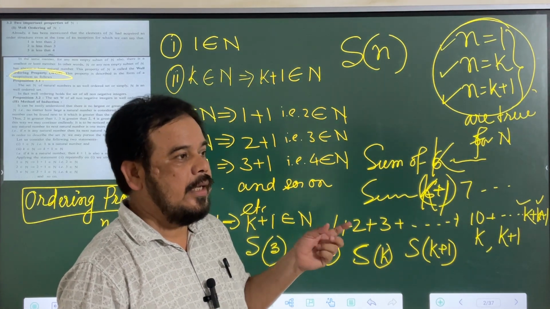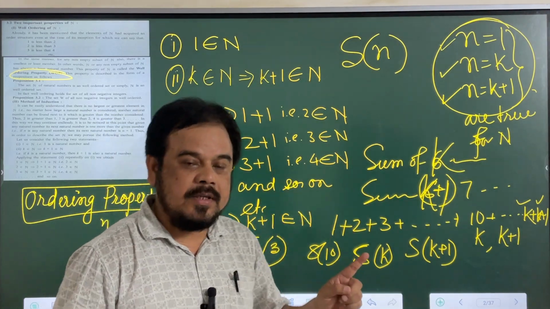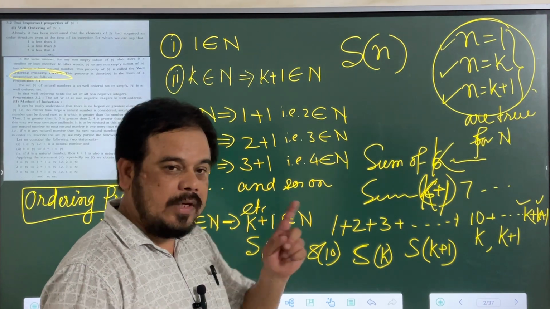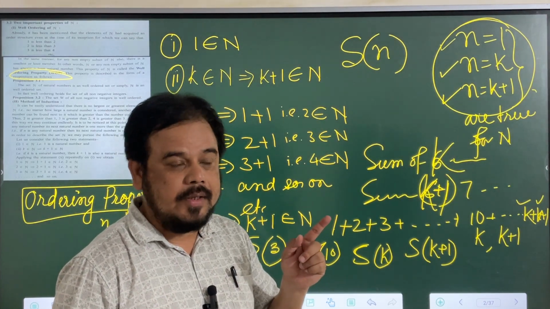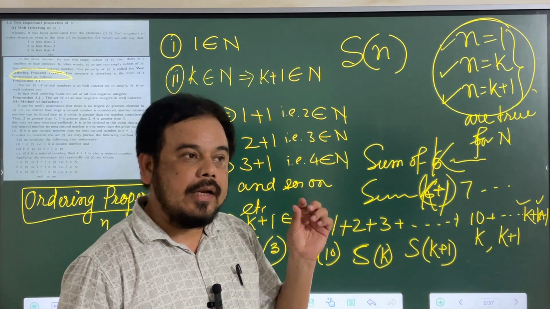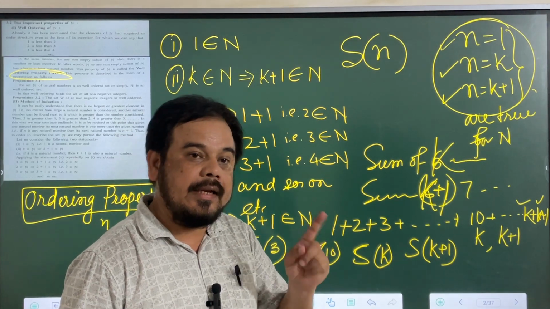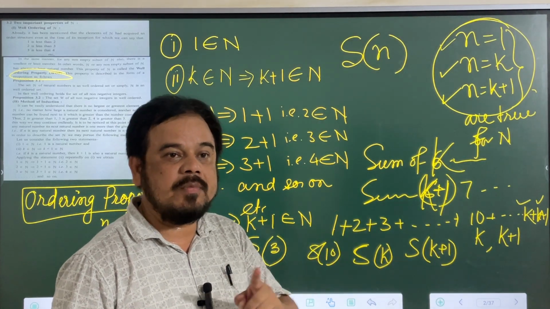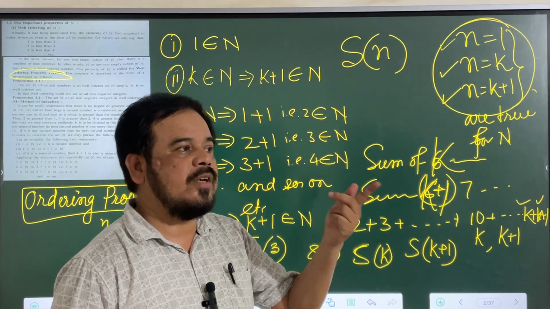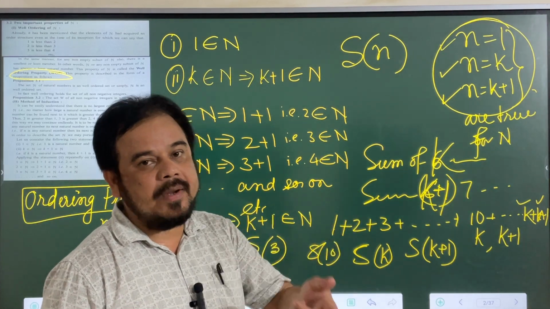I repeat, from 1 to 7, whatever addition we do, the sum we get is a natural number. Next, 1 to 8 also, the sum will be a natural number. So in place of 7 and 8, I will now read k and k plus 1, or 7 and 7 plus 1. Up to 7 terms, up to 7 plus 1 terms, up to k terms, up to k plus 1 terms.